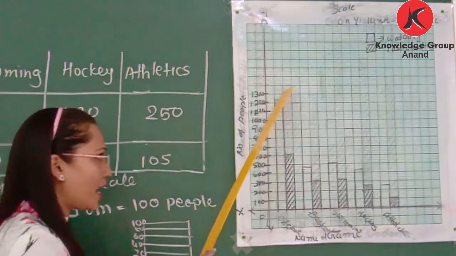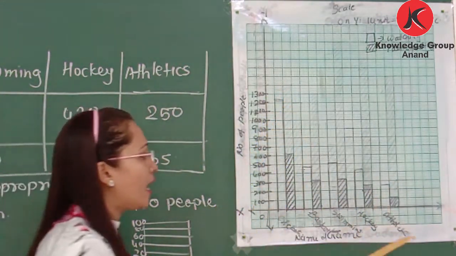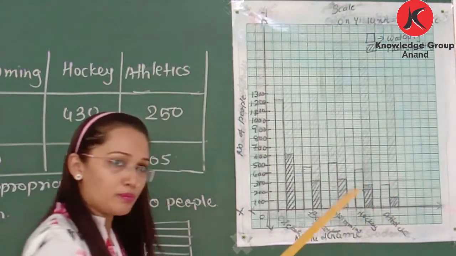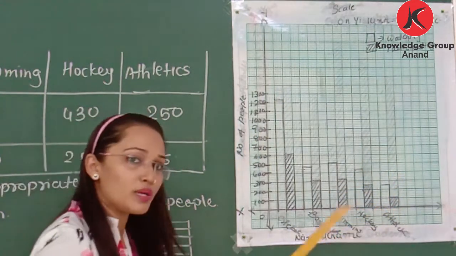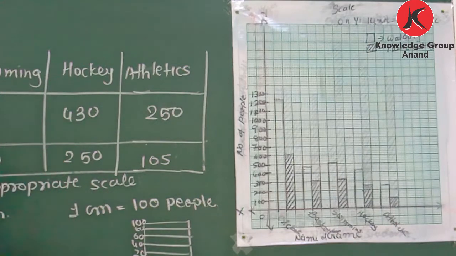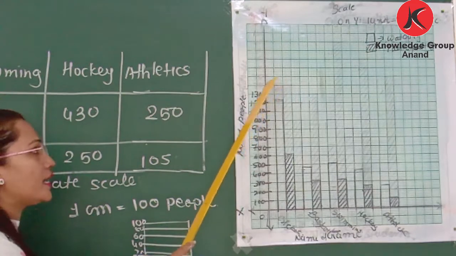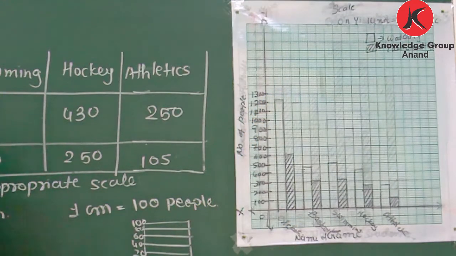Second question: which sport is most popular? Whichever graph height is larger is most popular. So cricket is the most popular game.